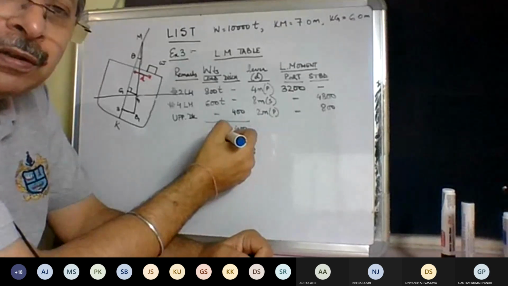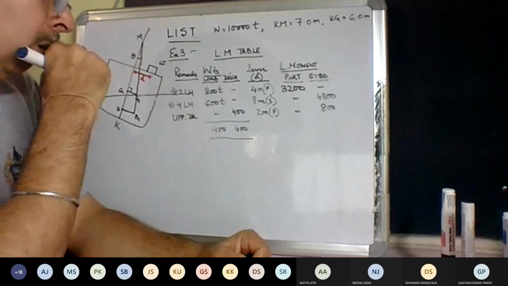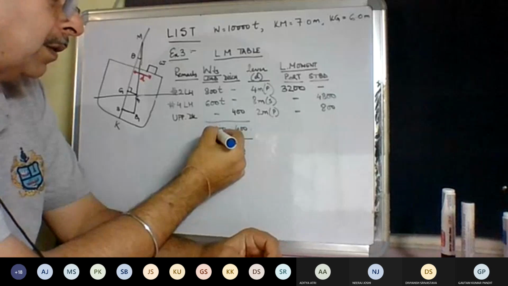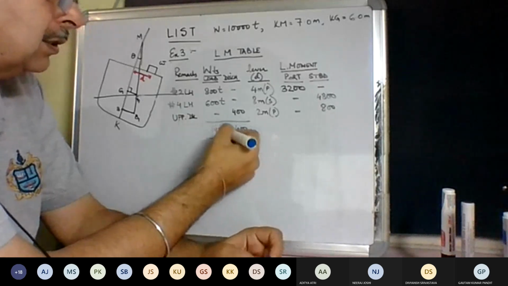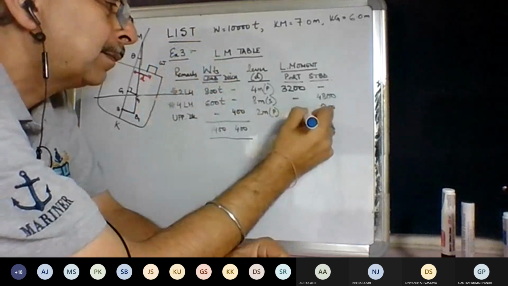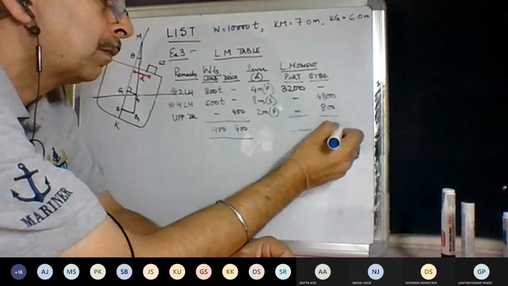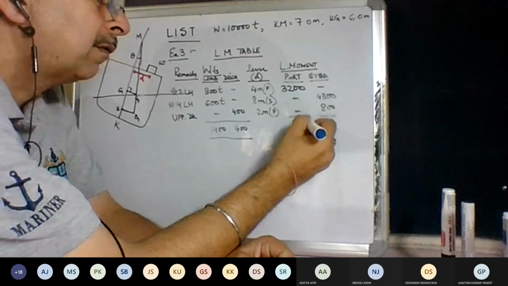Net weight we have done is 1400 of loading and 400 of discharging. So 1000 tons is what we have net. Coming here, this total is 3200.